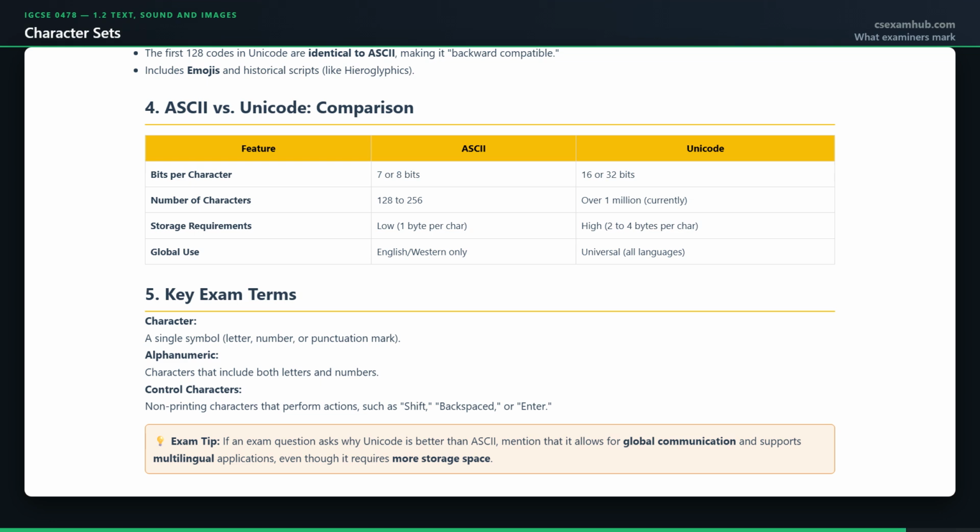Third, state the trade-off in both directions. Unicode supports far more characters and its files are larger. And fourth, remember that the computer stores a number, not a character. A question asking how a computer represents text wants exactly that idea, that each character is assigned a code which is stored in binary.